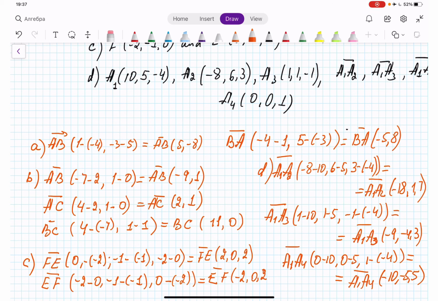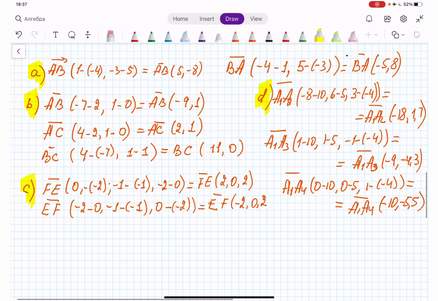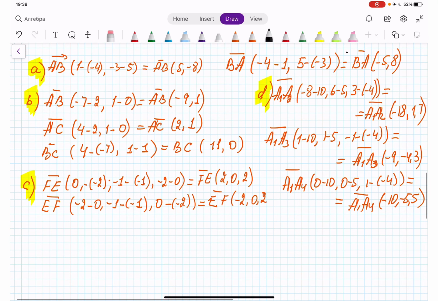Okay, let me highlight these cases A, B, C, D. And I would like to calculate, let's say, the magnitude, the length of the vector, for case D, for example, the length of A1A2.